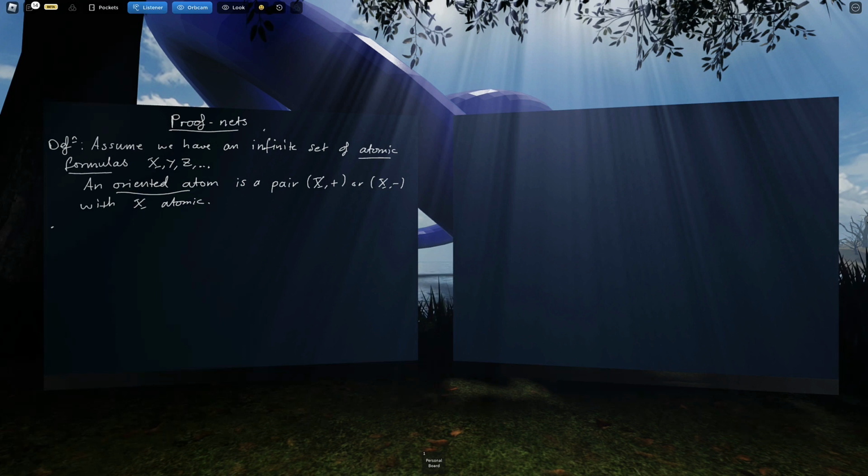Nice. And then you can build compound formulas out of these atomic ones using connectives. So any oriented atom is a pre-formula.